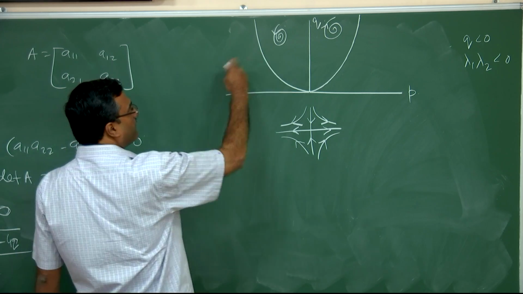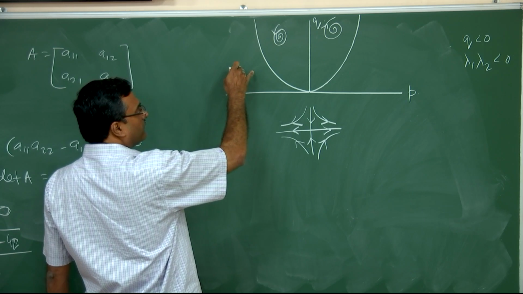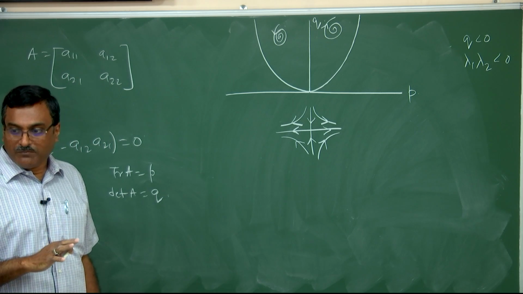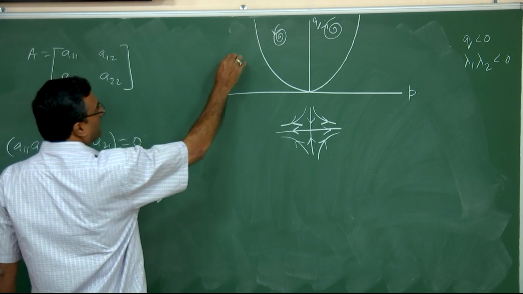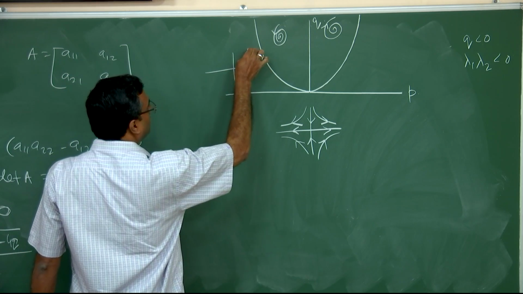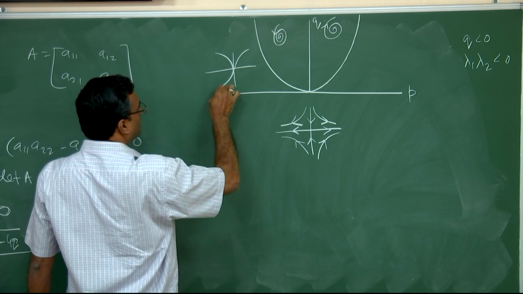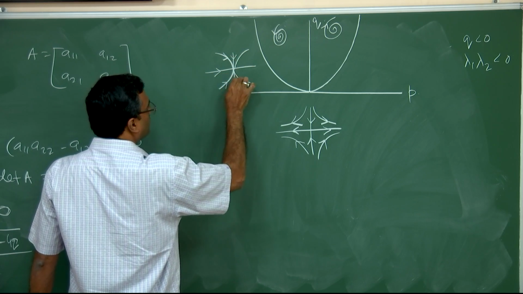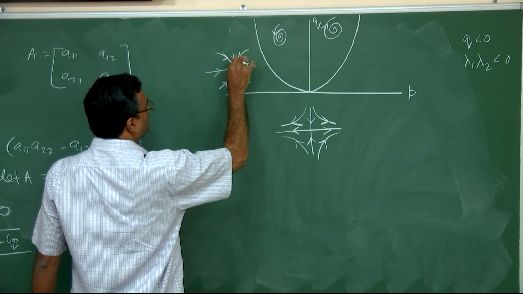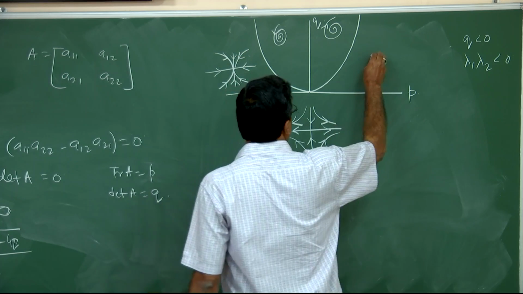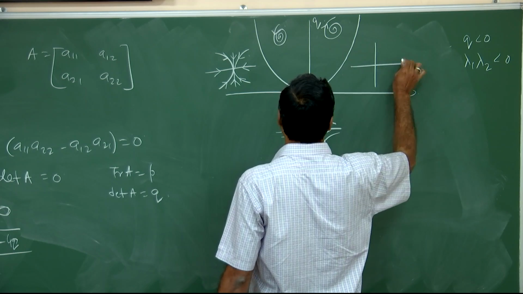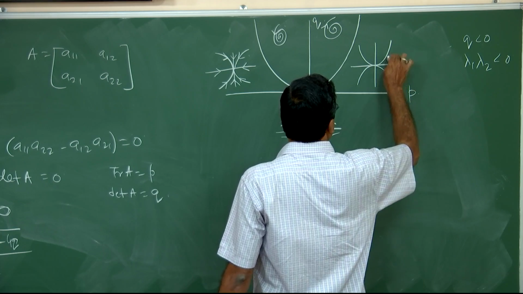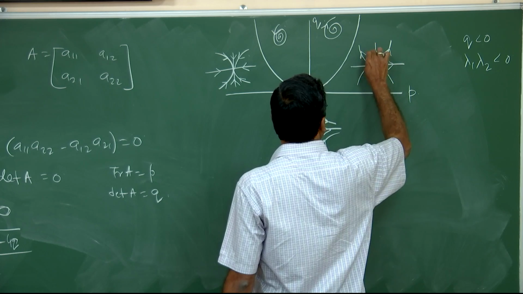If you come out of the parabola, within this domain, what are the roots? Both the eigenvalues are negative real numbers. So a typical phase portrait will look like this one. These are approaching towards (0, 0), and here you will have this kind of structure, which is away from the equilibrium.